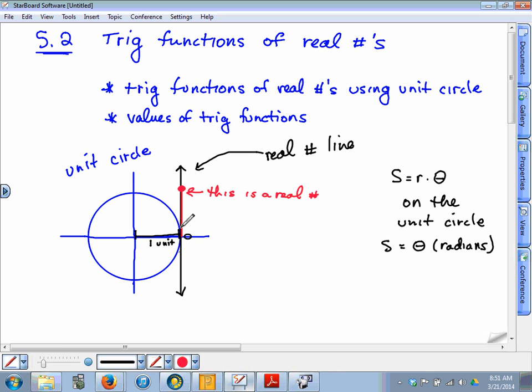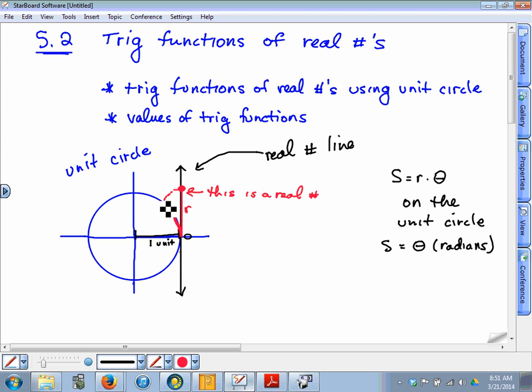If I took this exact same linear distance from 0 to that real number and wrapped it around the unit circle so that the arc length was the same as that linear distance. Let's call it from here to here, let's call that a length of r.